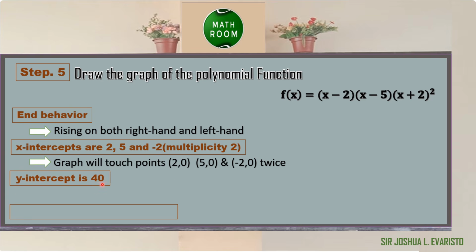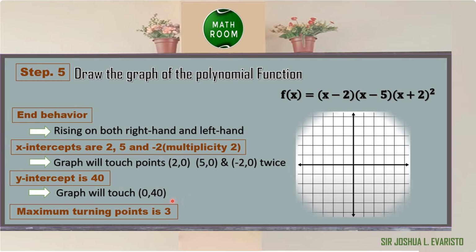The y-intercept is 40, which means that the graph will touch the point (0, 40), and the maximum turning points is 3. Since we already know that the end behavior is rising on the right hand and on the left hand, we can now plot the given points: (2, 0), (5, 0), (-2, 0) twice, and for the y-intercept, (0, 40).